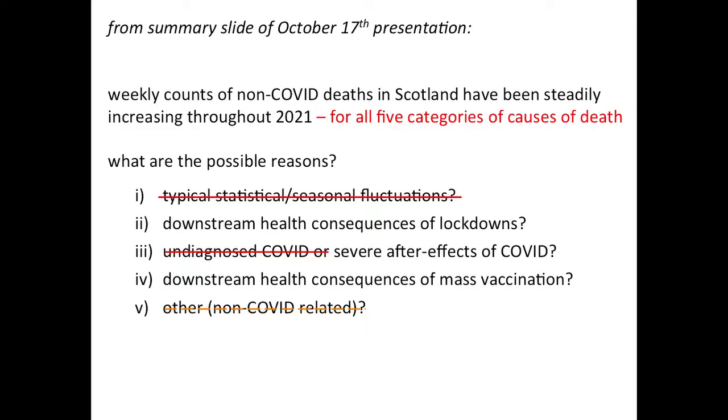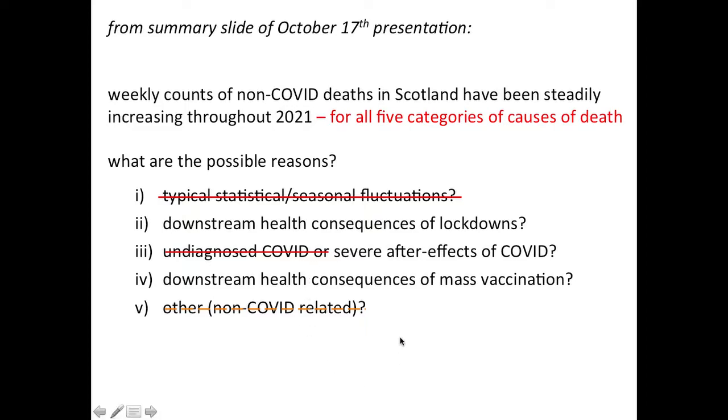We, I think, need to hope and pray that this is not the case, given the large scale of the mass vaccination campaign, but it would be wrong of us to not even mention this as a possibility. We need to be brave and say it's okay, it's possible, we'll put it on the list, but I think we all need to hope and pray that this is not actually a driver of what we're seeing.